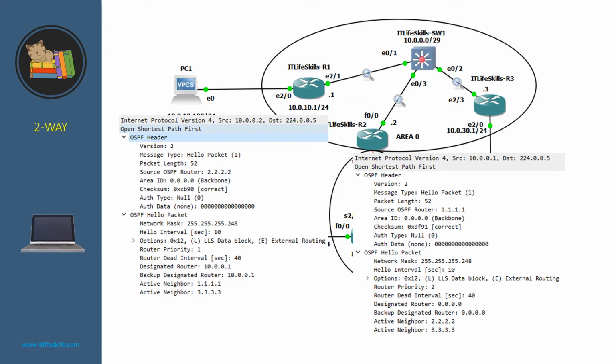As you may also notice, the more important information is that router 2 also identifies router 1 as the DR and BDR, which allows both router 1 and router 2 to advance to the next stage. If neither router 1 nor router 2 is elected as DR or BDR, the two routers will only become neighbors and stay at the two-way stage.